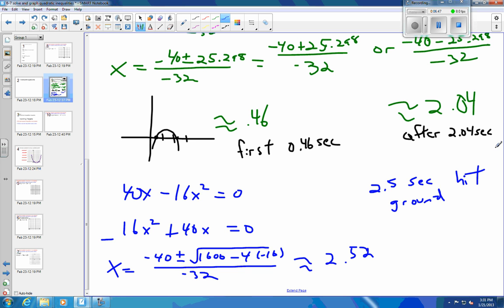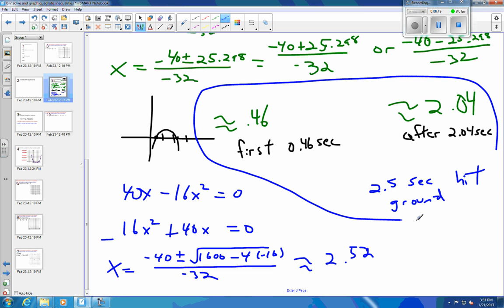And that would be the full answer: the first 0.46 seconds, and then from 2.04 seconds out to 2.5 seconds, it would be within 15 feet of the ground.